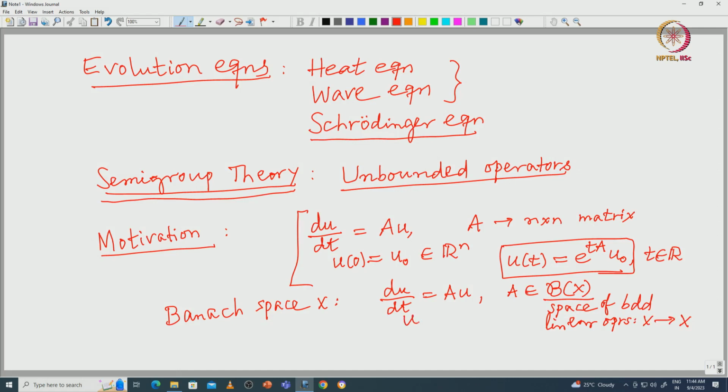You impose this initial condition. So this is the abstract Cauchy problem. As long as A is a bounded linear operator, the same formula again holds. So there is absolutely no problem in defining the exponential of a bounded linear transform.